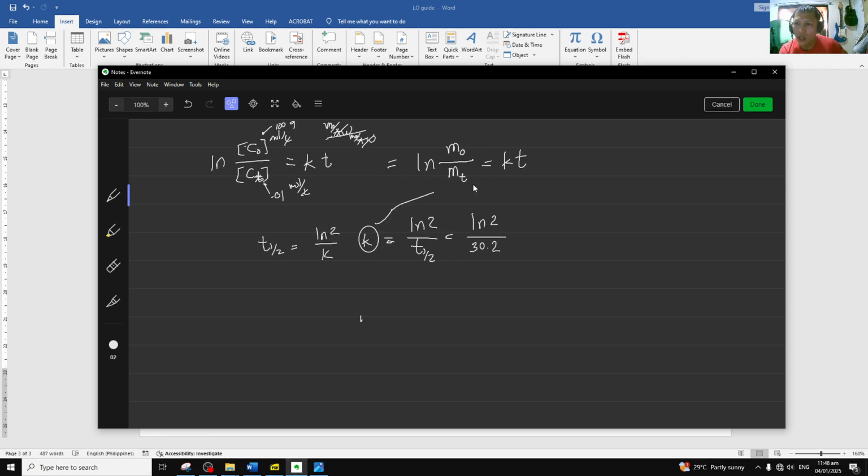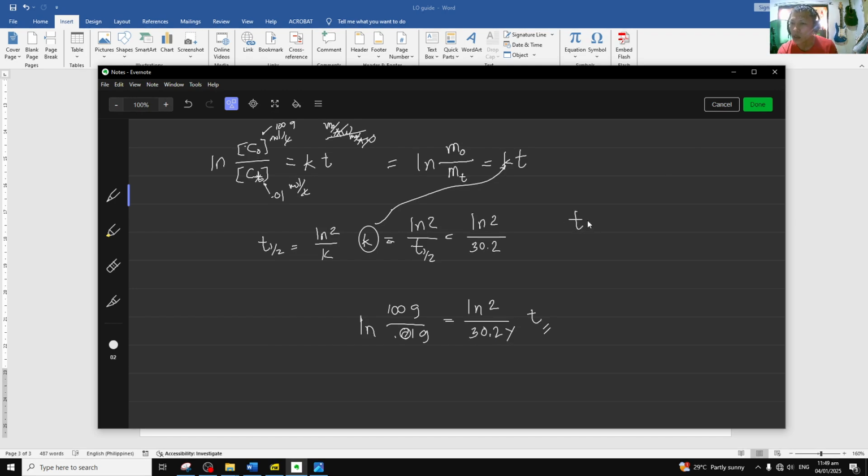We can substitute it into the equation. So ln of 100 grams all over 0.01 gram is equal to ln 2 all over 30.2 years, multiplied by t. Now we're solving for t.